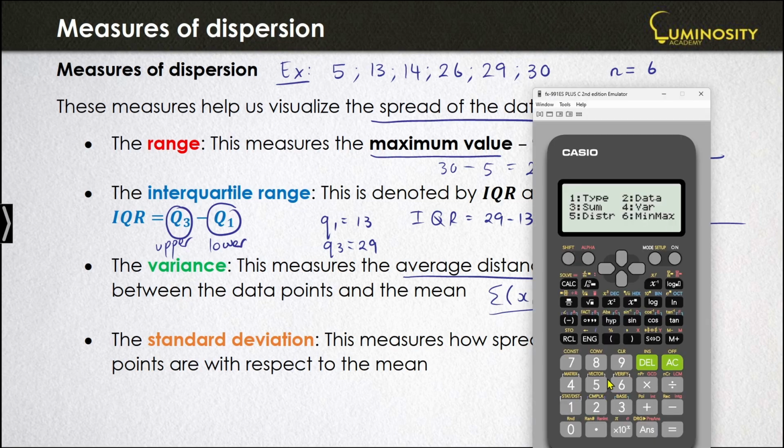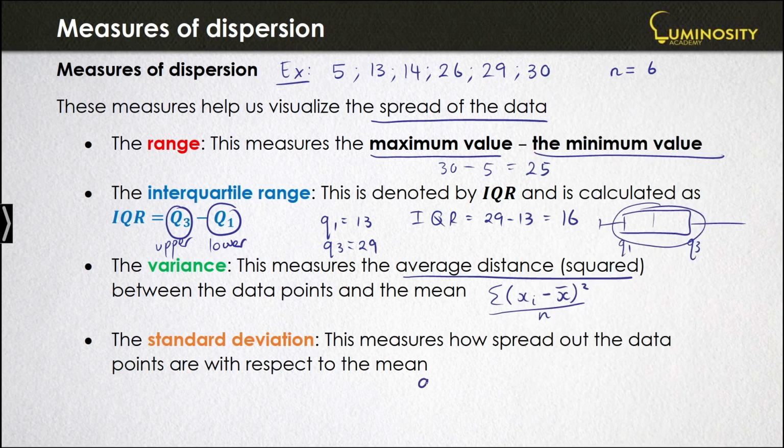All right, and our calculator can also help us with that. So if I go shift stat, and now it's not going to be under min-max, but you see 4 for variable asks us now. The X bar is your mean. So if I wanted mean, I can press 2, and you see the mean of the data is 19.5. I can also go shift stat variable 3 for the standard deviation, okay, which is 9.36 to 2 decimal places.